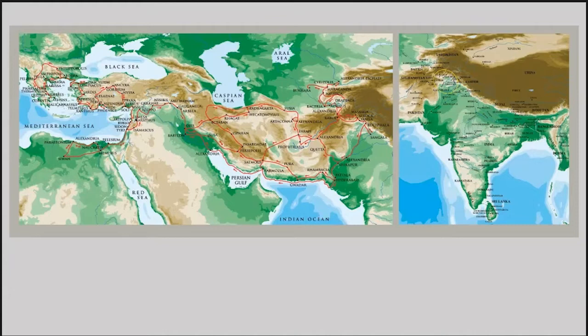The second map is of India, where the yellow circle shows exactly where the Gandhara is situated. It is south of the Hindu Kush Mountains. It's very important to stress here, it's a mountain range which divided Gandhara from Bactria. It's almost going right in the middle of today's Afghanistan.